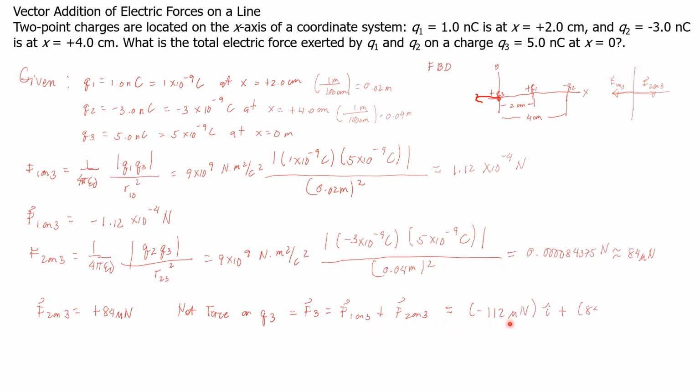We need to convert this into micronewton. So this is equivalent to negative 112 micronewton plus 84 micronewton. Again, this one from your Physics 1 is a unit vector along x. So our net force is equivalent to negative 28 micronewton along x.